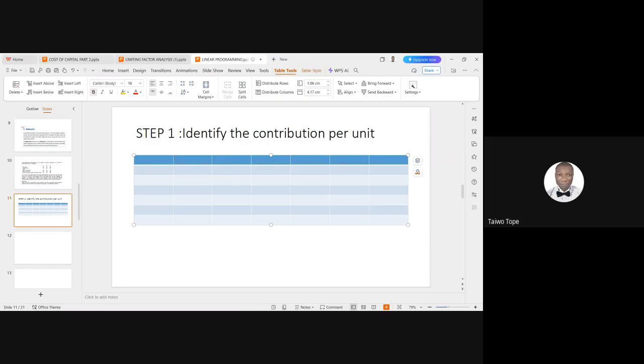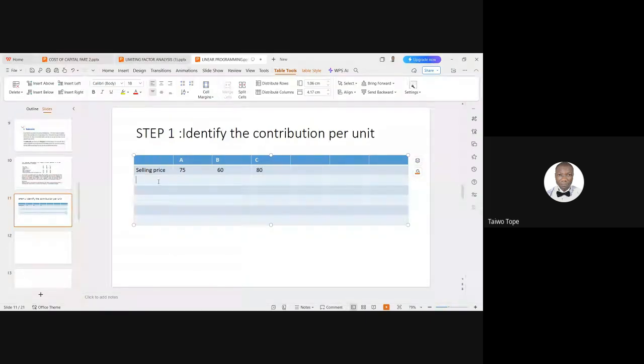So we have 3 products, product A, product B, product C. Now the selling price for each of these is what? For A is 75, for B is 60, for C is 80.